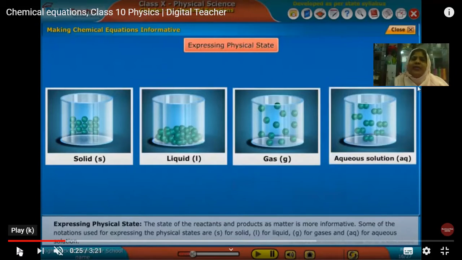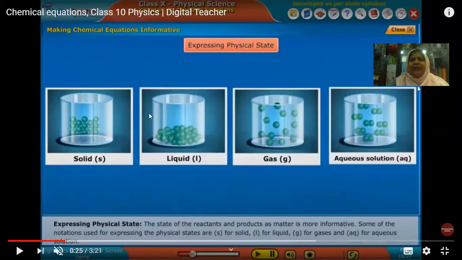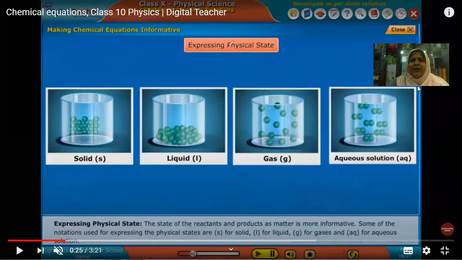The state of the reactants and the products is informative. Some of the notations used for expressing the physical states are S, L, G, and AQ. Whenever a reaction is written, you will see these within brackets.